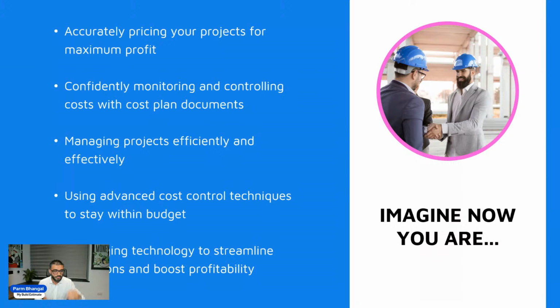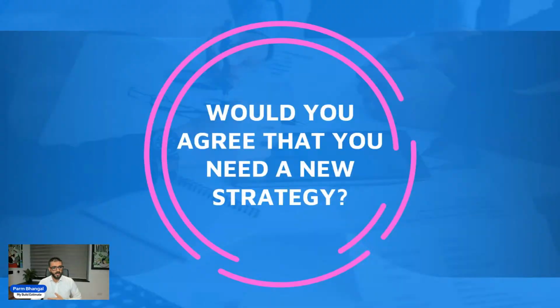So we're looking at where you were to where you'd like to be, and that comes with a whole host of emotions. We're going to try and transition you from where you might be right now to where you'd like to be, which is ultimately making more profit within your business. I'm sure you would agree that you need a new strategy.